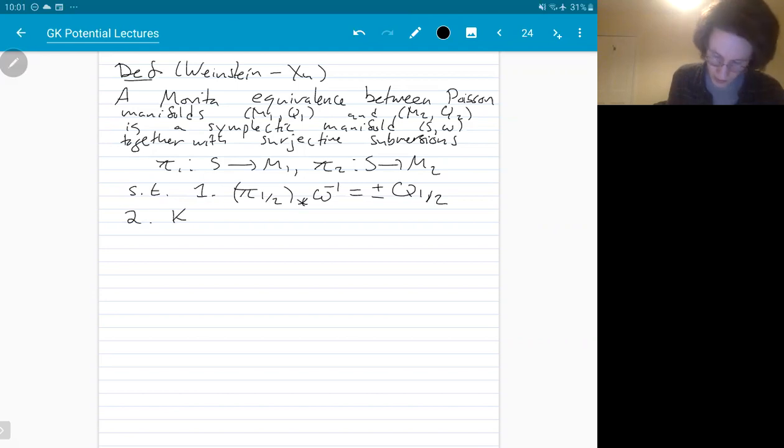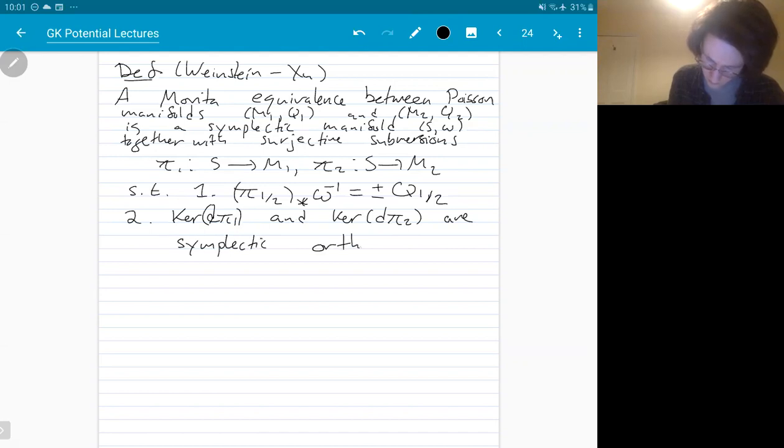Second property is that the kernels of the derivative of pi1 and the derivative of pi2 are symplectic orthogonal. And finally, this is a technical condition which you can ignore: these maps are complete.